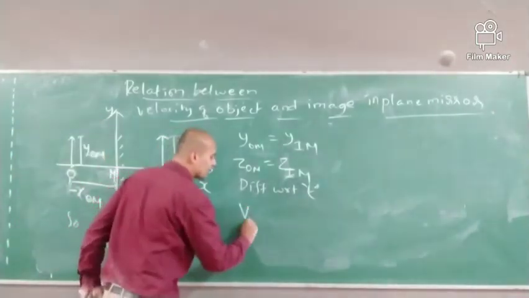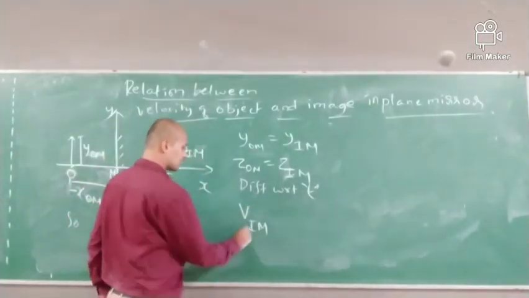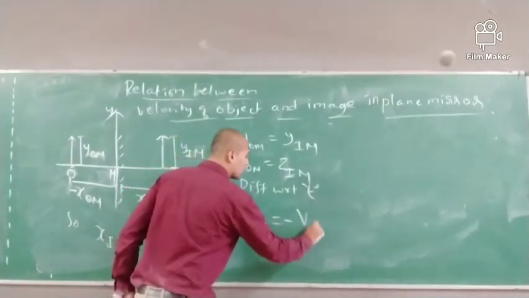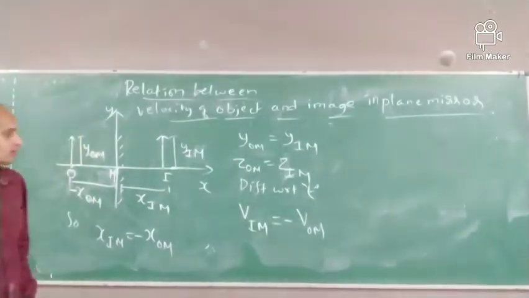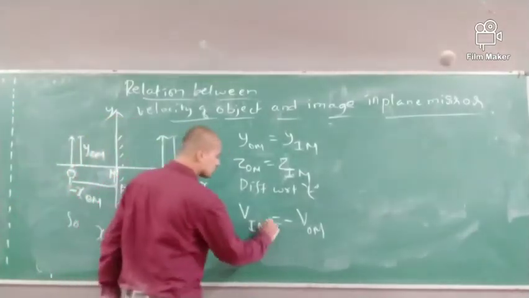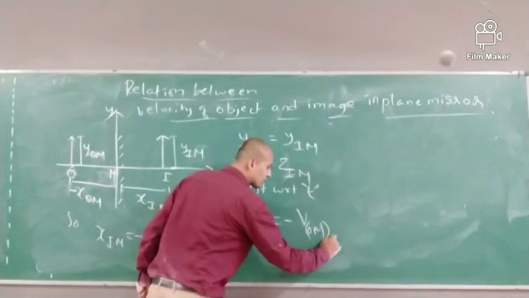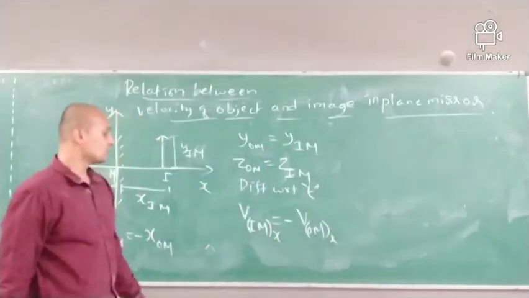This will become VIM. VIM will be equal to minus VOM. Yes or no? This is the velocity of the image along the x-axis.